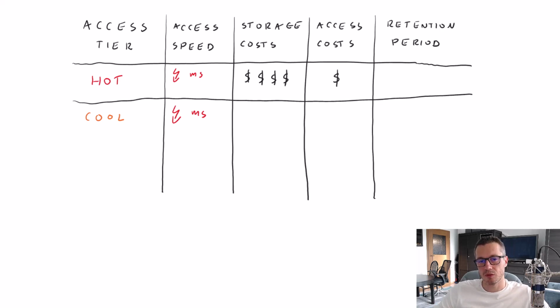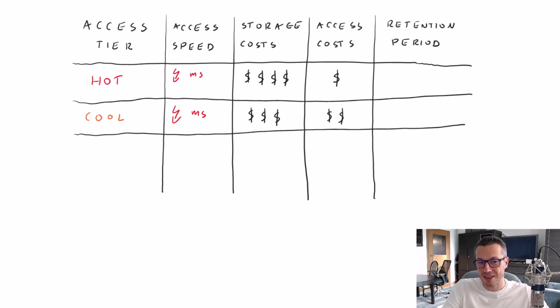When it comes to costs of storing our data, it's lower compared to the hot access tier, but the cost of accessing the data is a little bit higher. So you should see already this balance or trade-off between storage costs and access costs.